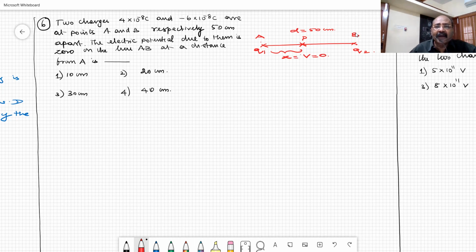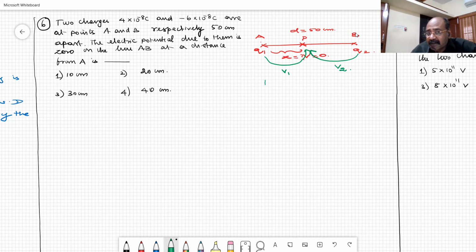So I have to calculate what is the distance of P at which the potential becomes 0 due to the two charges. Due to Q1, you are able to get a potential at P. Let us consider that potential as V1. Due to Q2, you are having a potential at P. Let us consider that potential as V2.